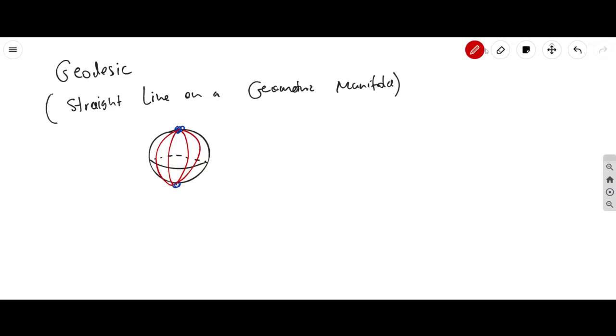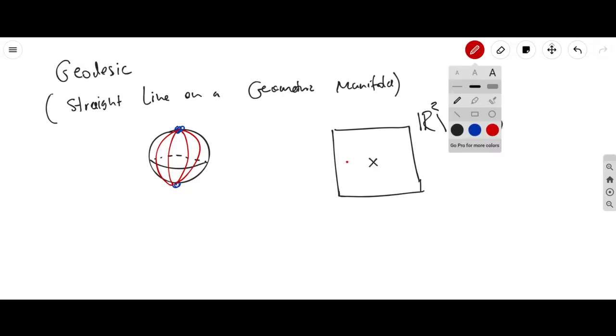Or to use another example, consider this. Take the real plane and subtract away the origin. So the origin is missing. What would be the shortest distance between these 2 points? You want to say it's the straight line between them, but the problem is that's not part of your space. So you can go like this.